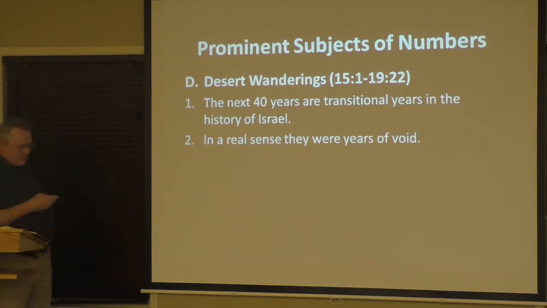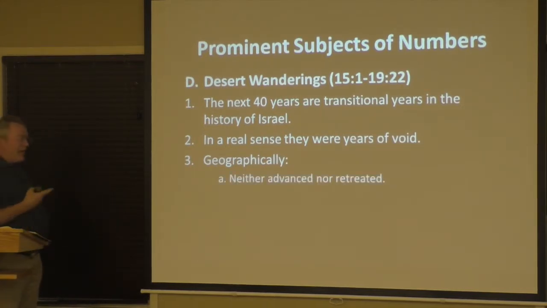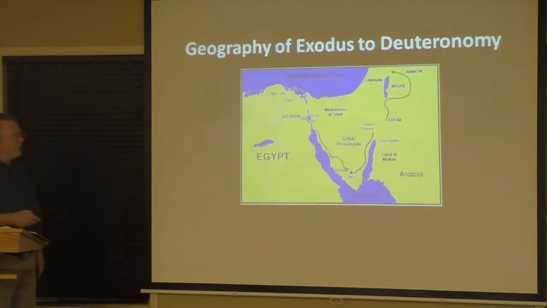Because as we continue to look at it geographically, for the next 40 years they neither advance nor retreat. It seems they just keep going around in circles. They don't make any progress anywhere, they don't regress anywhere, they just keep spinning their wheels at that same point.